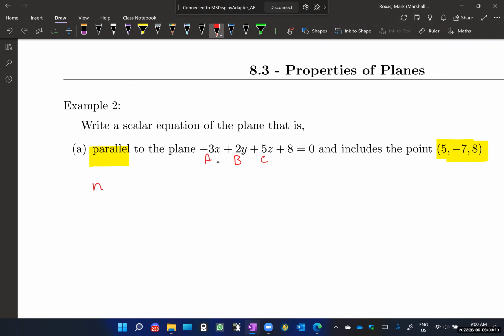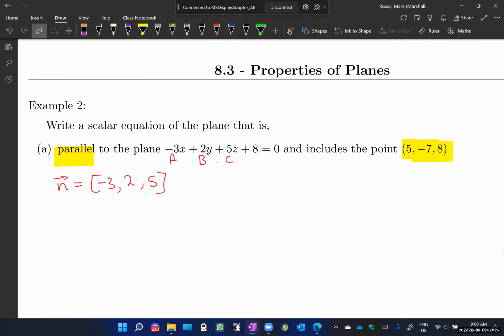So I can read there's a normal vector here of -3, 2, and 5, okay? And then I go, okay, if the plane that I want, let's say this is the plane I wanted, and it's parallel to another plane.